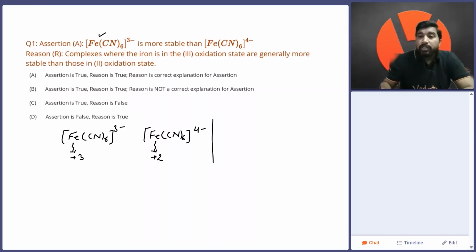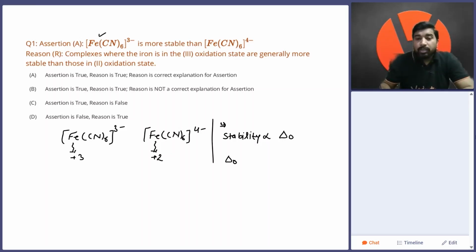So generally for a coordination compound, stability is directly proportional to the CFSE value, or we can say crystal field del O, that is the del O for an octahedral complex.